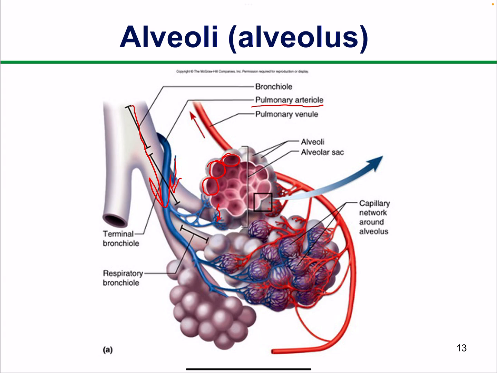Oxygen comes in. When oxygen comes in, it gets in the pulmonary venules. From the pulmonary venules, the oxygen-loaded blood is going to go in the pulmonary veins, and from the pulmonary veins, it gets in the left side of the heart.